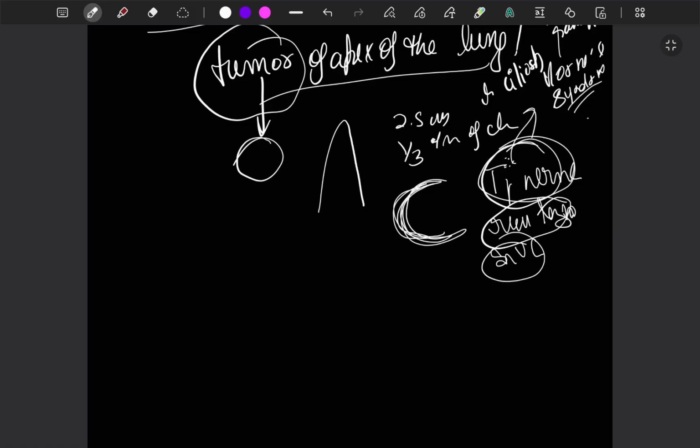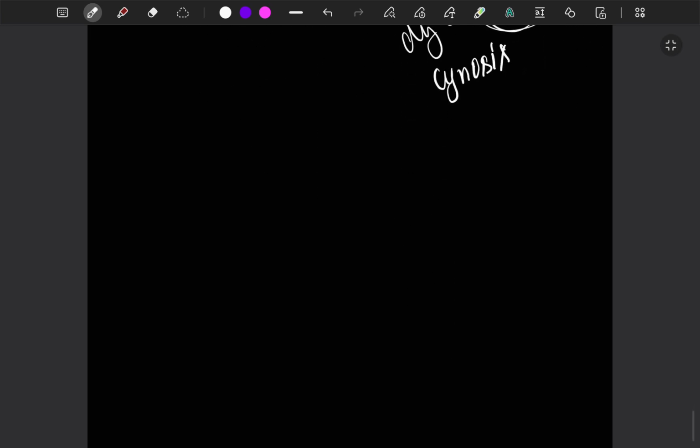When the recurrent laryngeal nerve is compressed, there is dysphonia, hoarseness of voice. When the superior vena cava is compressed, it leads to an increase in venous pressure, which might lead to conditions like varicose veins, leading to cyanosis. This was the Pancoast tumor.